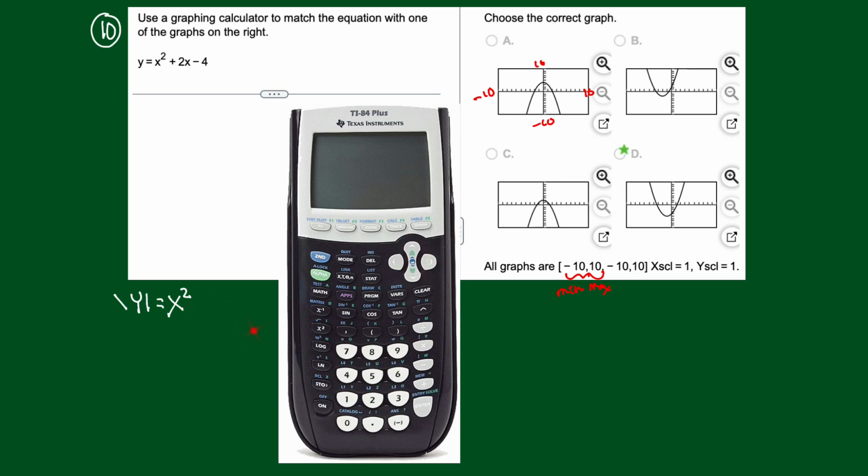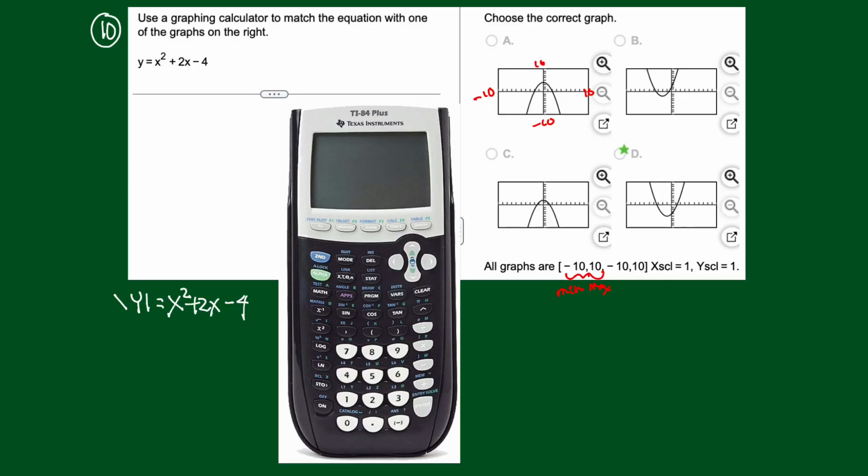Now press plus. There's the plus. And then 2x. And then minus 4. Now this is a minus. This is not a negative. You want this symbol right here. That's the minus. That goes between two numbers. This is just for a negative.